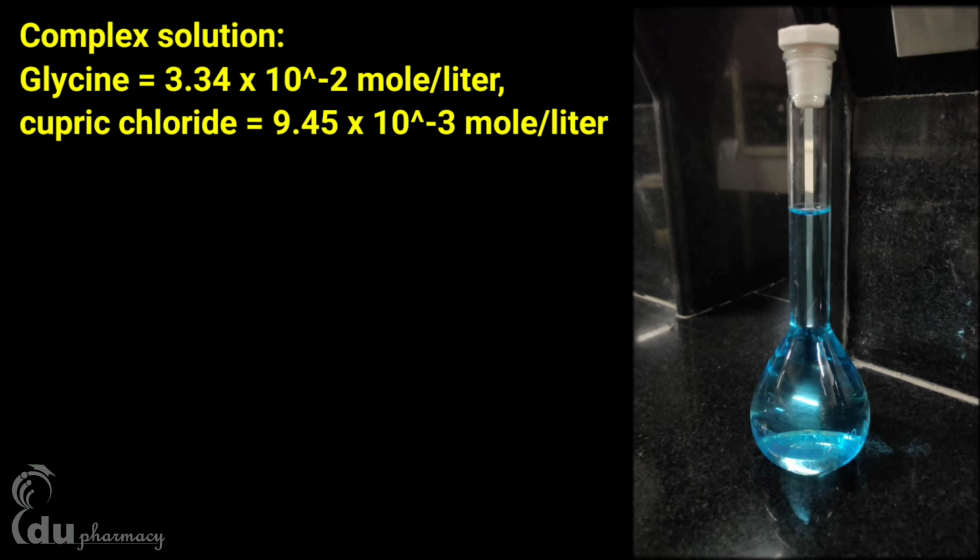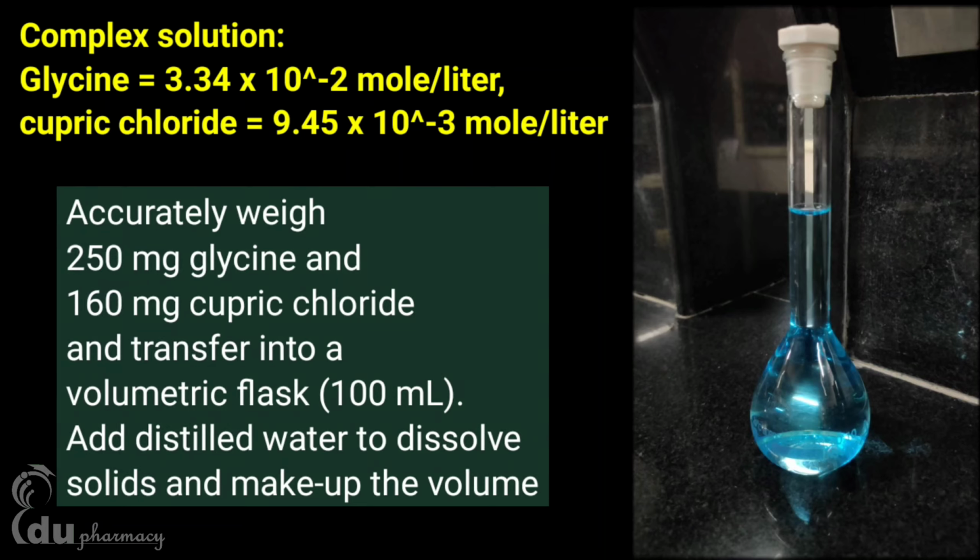We will require the complex solution of glycine and cupric chloride. For that, accurately weigh 250 milligrams of glycine and 160 milligrams of cupric chloride and transfer them into a 100 milliliter volumetric flask. Then add distilled water to make up the volume to the mark.